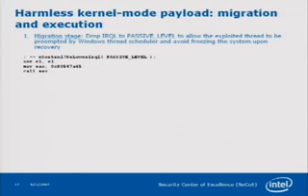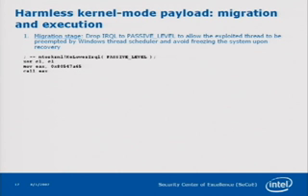So, the migration stage. First of all, the migration stage implies that the shellcode needs to drop IRQL to passive level because it will allow the exploited thread to be preempted by the Windows thread scheduler, and this will avoid freezing the system upon recovery. There are lots of other disadvantages of running shellcode at dispatch level.